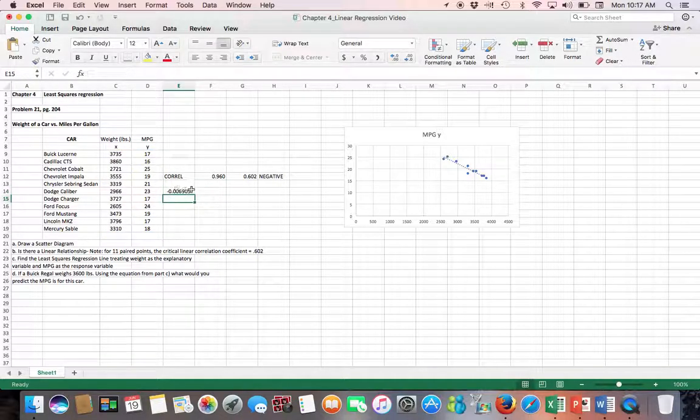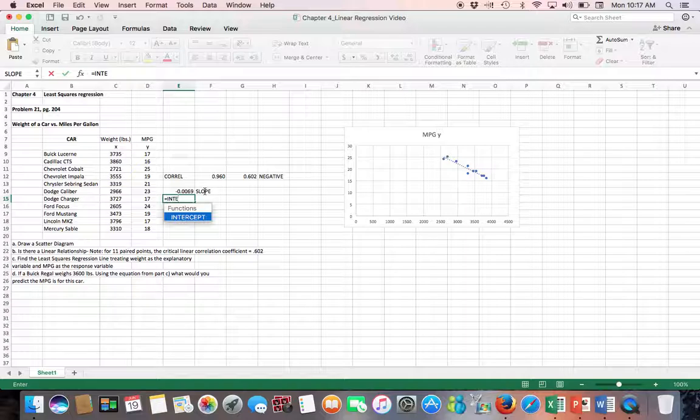And we get this number right here. And again, we will go to 4 significant digits, and that will be our slope. Our intercept will also ask for known y's and x's, and so we will hit all the y's, comma, all the x's.